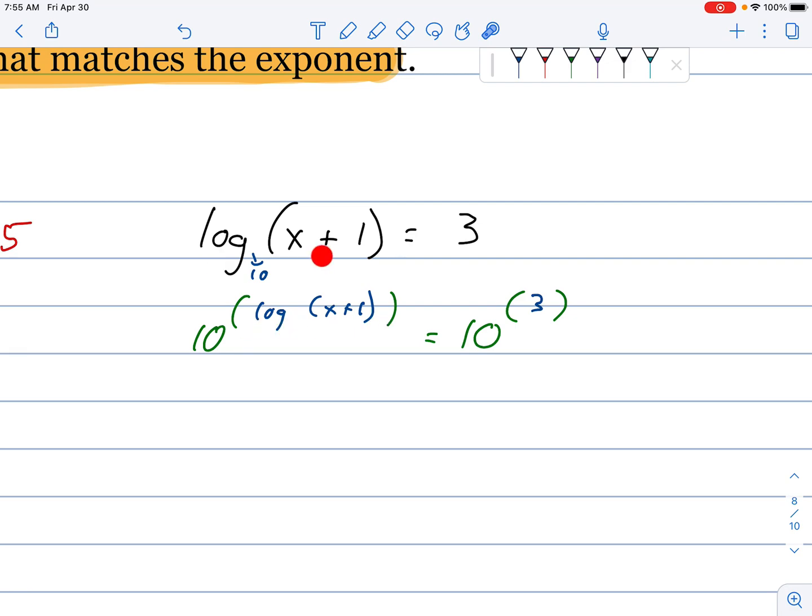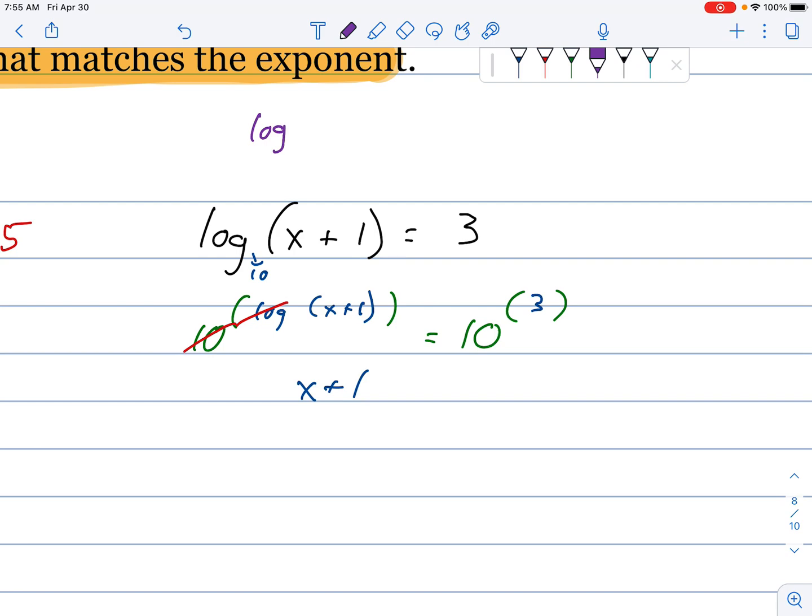Log base 10, which we don't see, of x plus 1, here's my 3, and both of those are the power. As we saw before, logs are exponents. 10 to what power gives me this? I don't know. But if I put that power here, I get the log and the 10 to cancel. And here's my x plus 1.